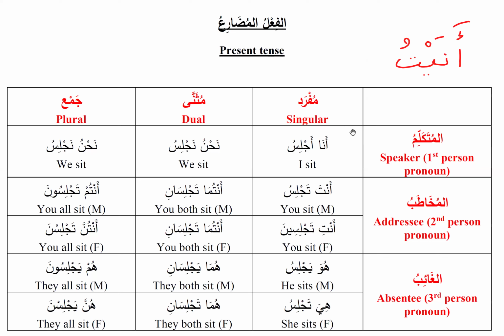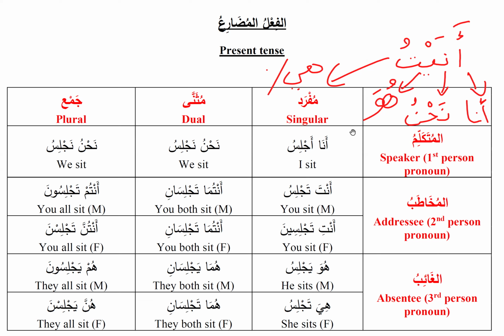The hamza, or the alif, is for ana, which is I, noon is for nahnu, which is we, and ya is for huwa, which is he, and ta is for hiya, and it can also be used for anta, which is you. Hiya is she. So ana, I, nahnu, we, huwa, he, hiya, she, and anta, you.